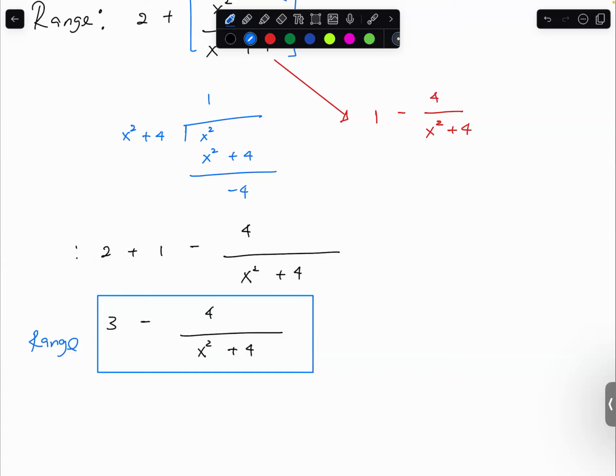The beautiful thing here is we can actually see what is happening. If you look at the denominator here, this x is squared. So it doesn't matter what your input is, this is always going to be a positive term. Unless x is 0, this denominator will always be greater than the numerator.